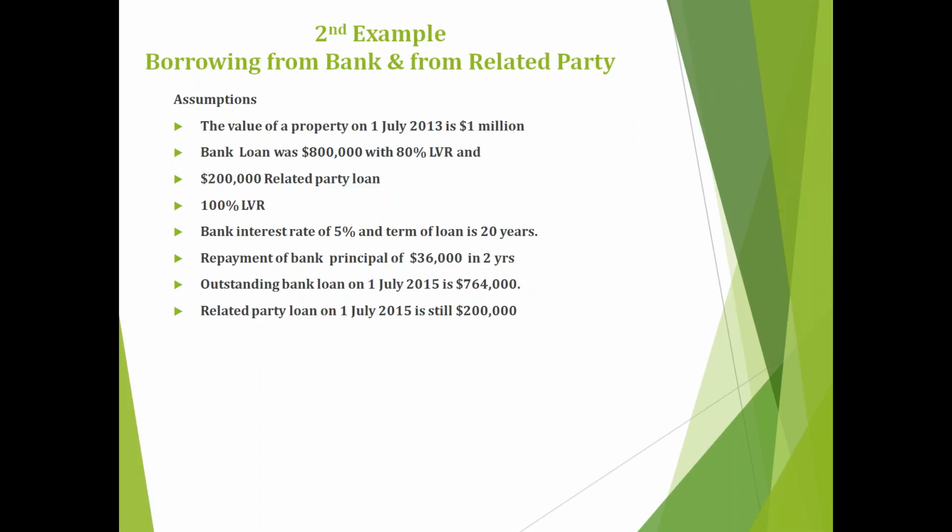Assuming 36,000 of principal was shaved off the bank loan in the 2 years, the outstanding bank loan on 1st July 2015 is 764,000. The related party loan on 1st July 2015 still stands at 200,000 with 0% interest rate. This means that no principal repayments were made on that loan.